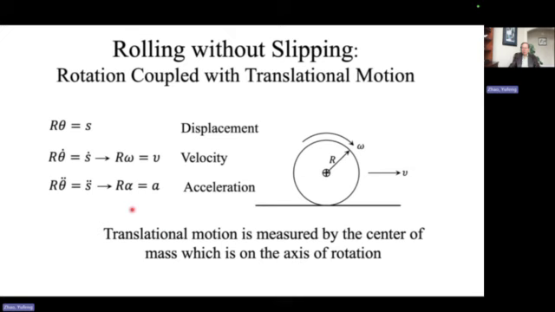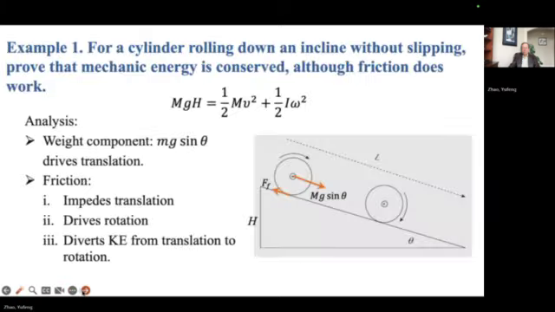The translational motion is measured by the center of mass, which is on the axis of rotation. With these equations, we will be able to solve generally all the rolling problems without slipping. So let's see the first example.